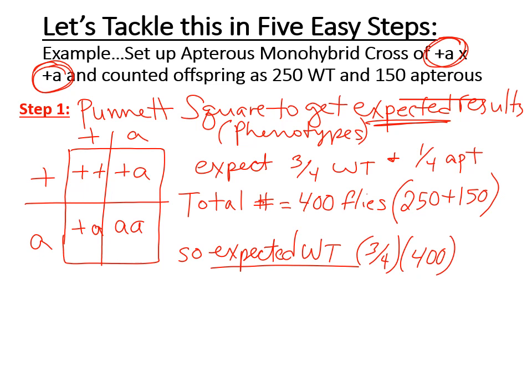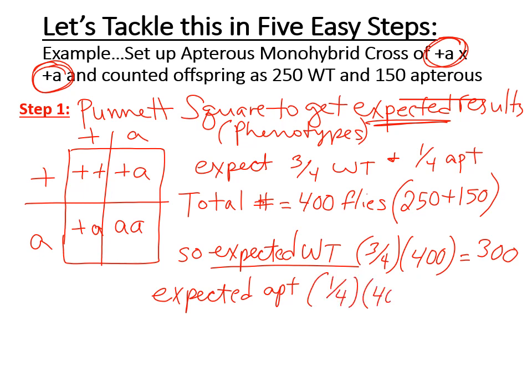So you were expecting 300 wild type offspring. For the expected apterous, you're expecting 1/4 of the 400 offspring to be apterous. So you are expecting 100 apterous flies, okay?